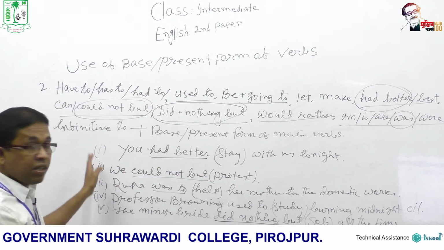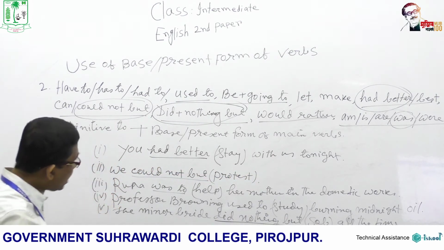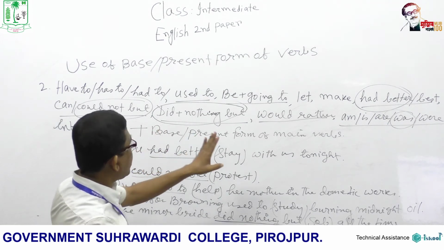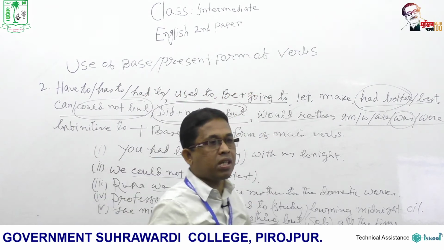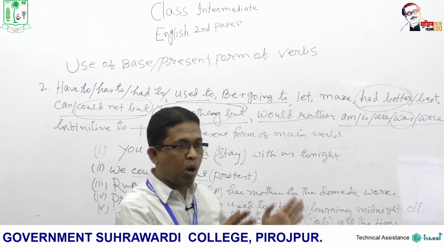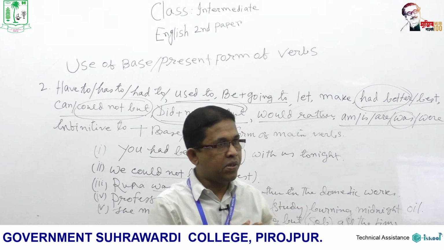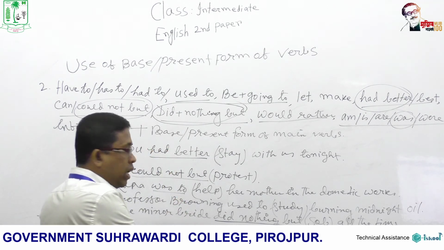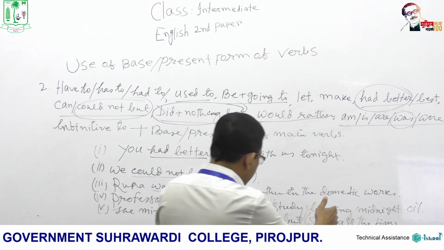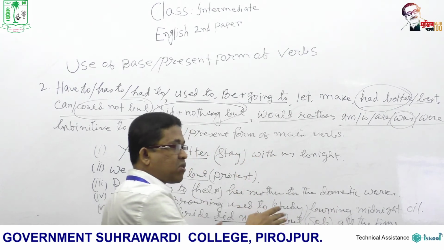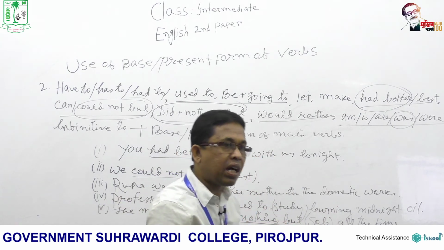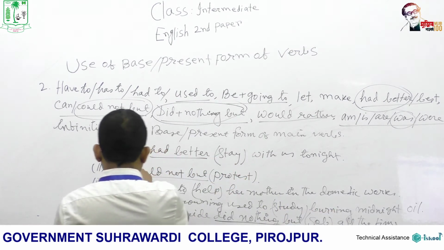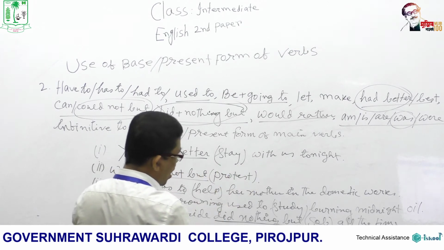So, I have given 5 examples here, and let me explain now. As we have already mentioned, after all these words and phrases, we have to use the base form or the present form of main verbs, and we are trying to explain this rule in these examples. We have put some main verbs within brackets, and now we will have to use the correct form of these verbs. In first example, you had better stay with us tonight.